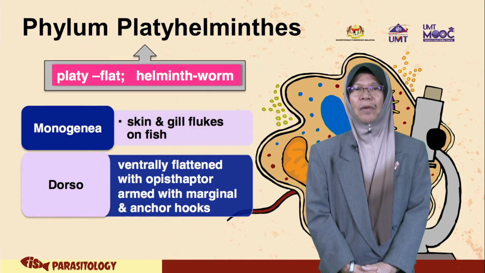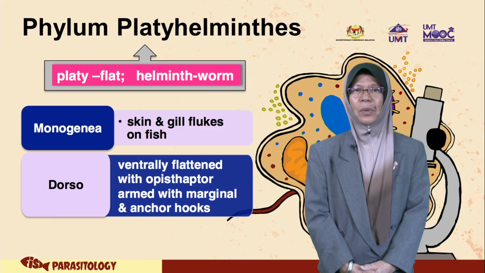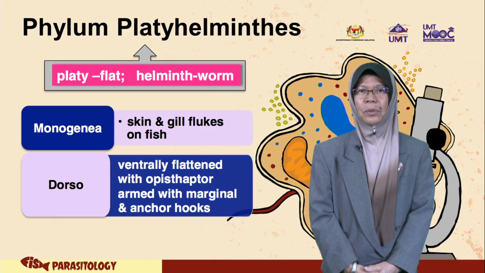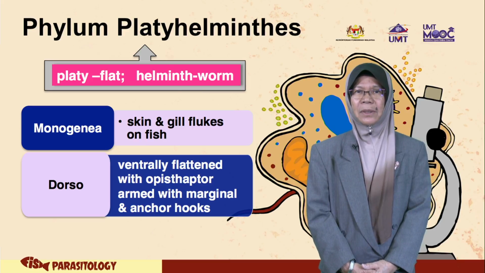These are a group of flatworms which have a dorsoventrally flattened body with a posterior end armed with marginal and anchor hooks. The head end has adhesive head glands, a pair of eye spots, and a pharynx.